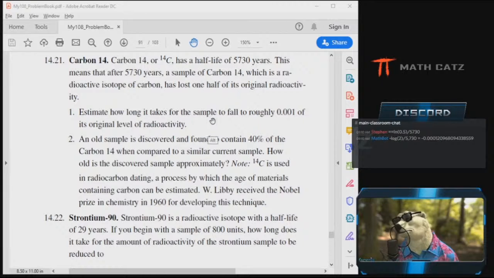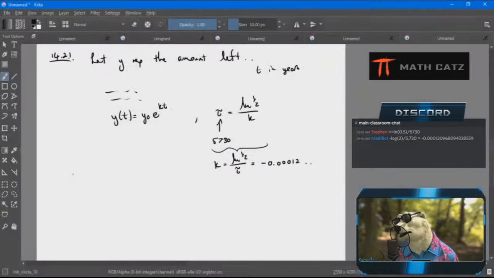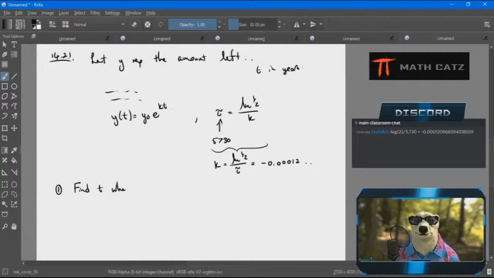How long would it take for a sample to fall to roughly 0.001 of its original level? So now for number one, we want to find t when my function is 0.001 of its original amount.